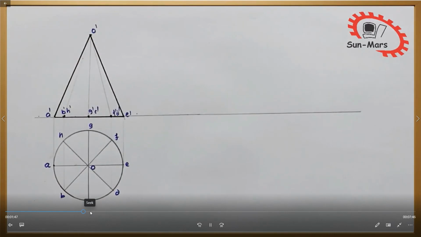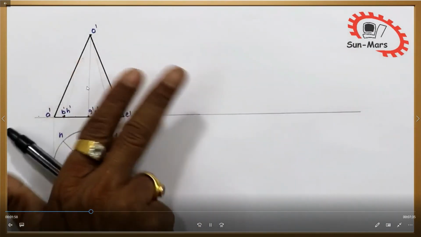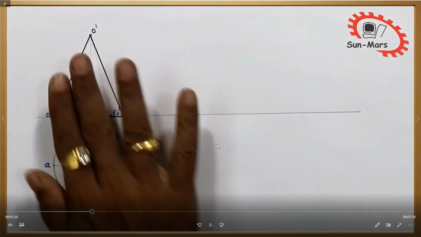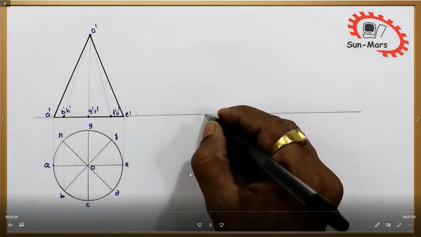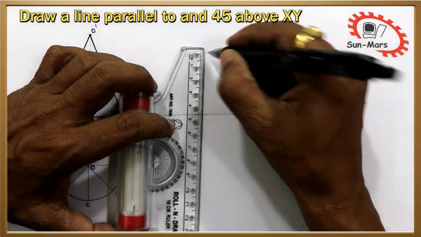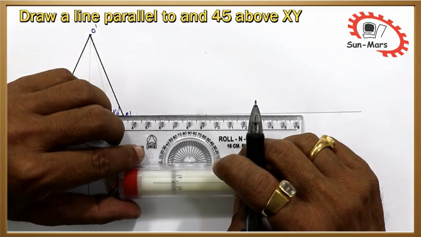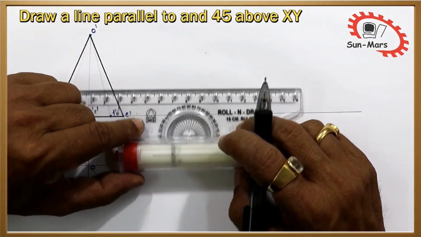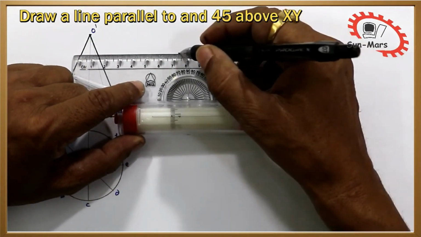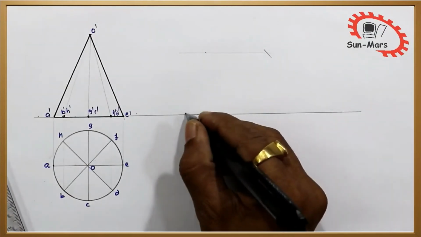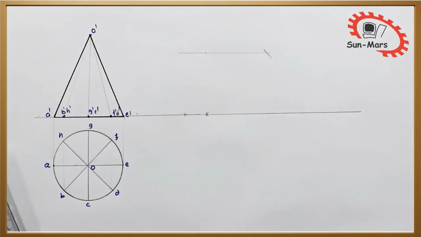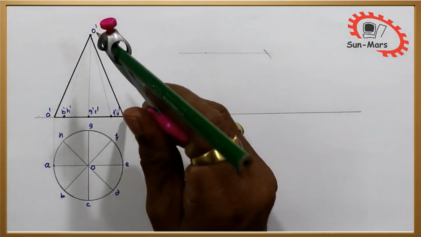Okay, pyramid. Now this axis is inclined, one of the sides is on the HP, that's why you draw here first one side, O to E dash. The apex distance is given, the apex point distance above the HP.